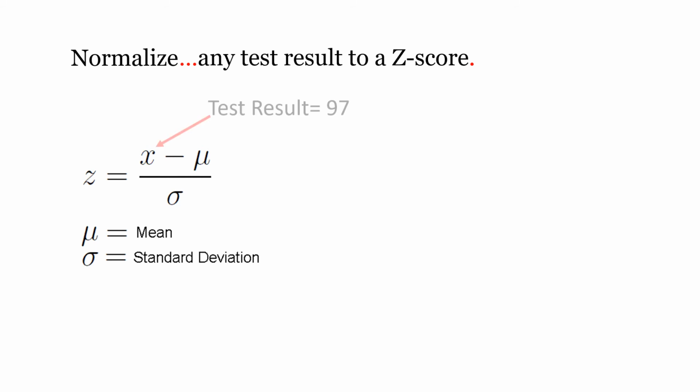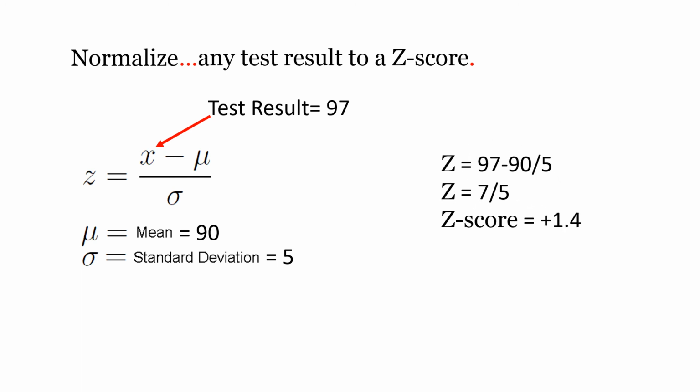As an example, let's assume a person has a blood sugar that shows a value of 97 milligrams per deciliter. That result is inserted in place of the x within the formula, and now we also know from our example that the mean and standard deviation are 90 and 5 respectively. Therefore, substituting those values in the formula, we can calculate a z-score of plus 1.4.